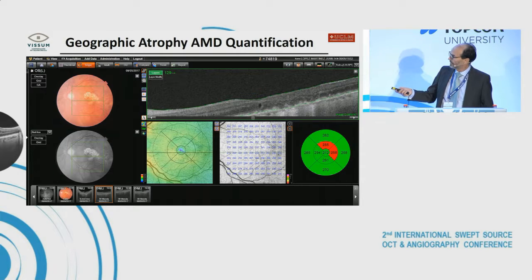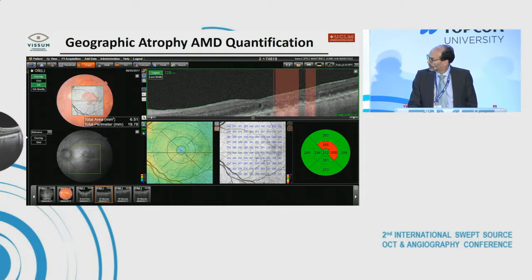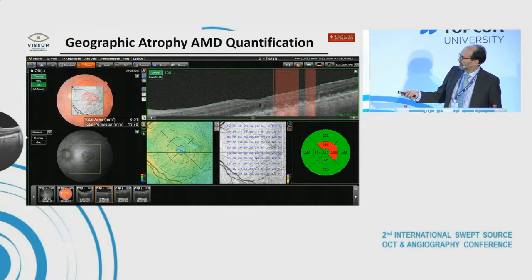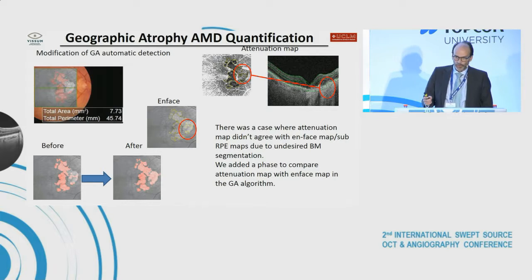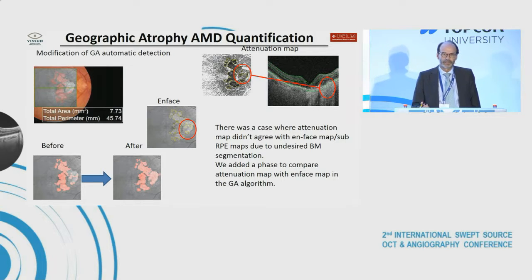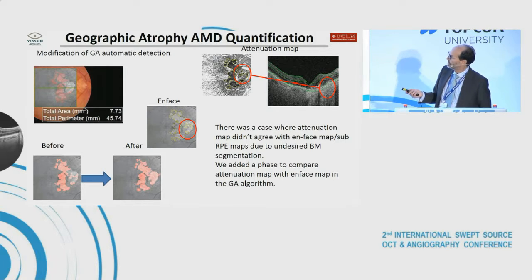This is the screen, and clicking here on the geographic atrophy point, we automatically have the area and the perimeter of the lesion according to this segmentation. And as image referencing, we can have fundus autofluorescence. We have another possibility, which is to improve the segmentation performed by the software.